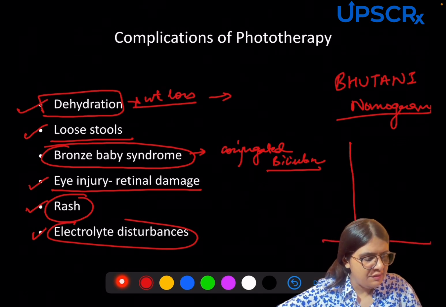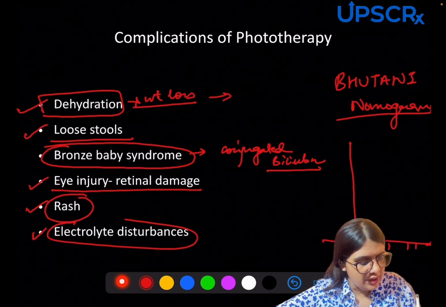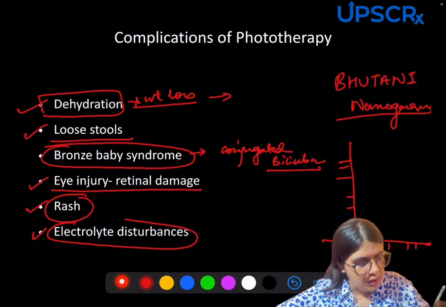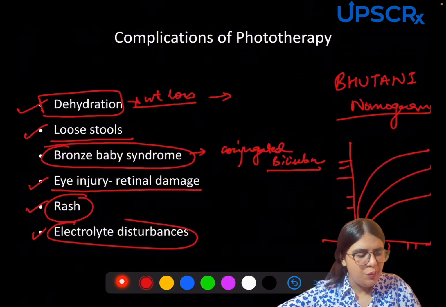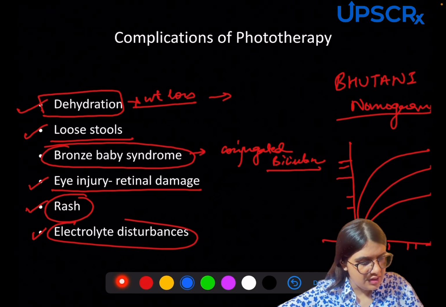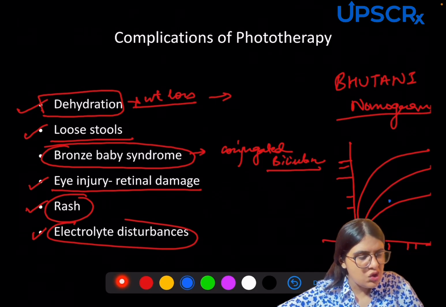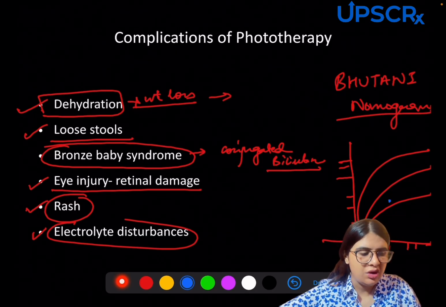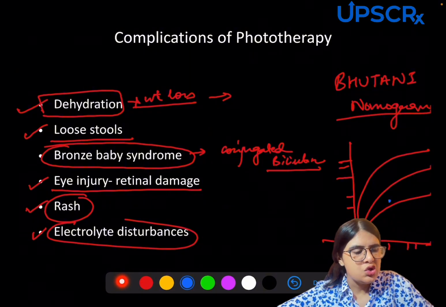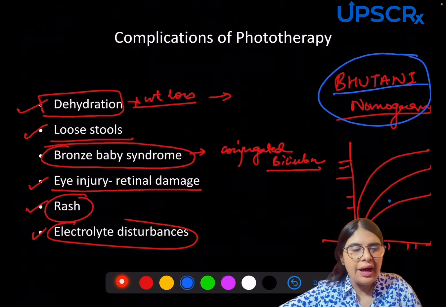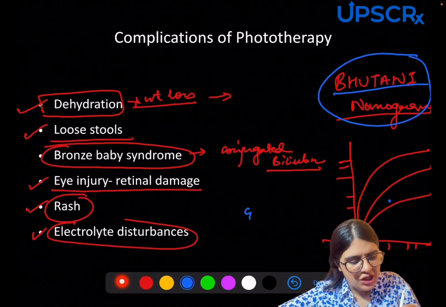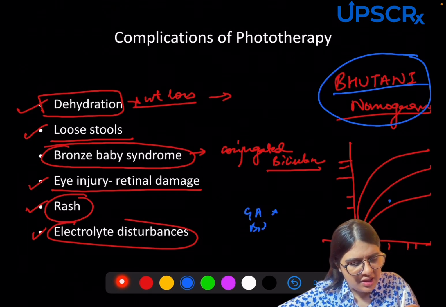Okay. Here they are given values of bilirubin. And lines like these are there. Okay. And you plot the level on these graphs. So if it is crossing this line, then you have to give phototherapy. Okay. So you have to plot it on the chart. So basically gestational age is given, and gestational age and bilirubin levels.